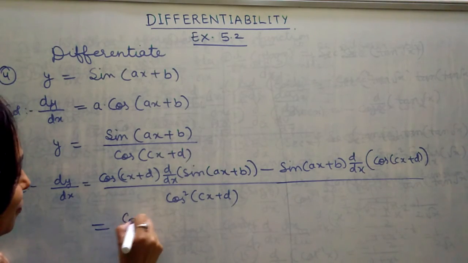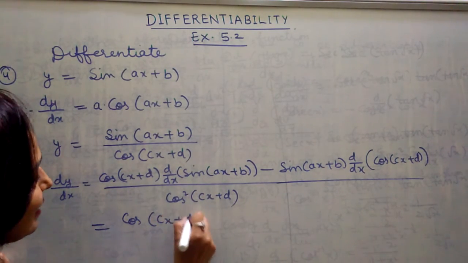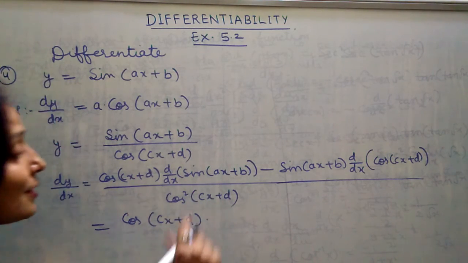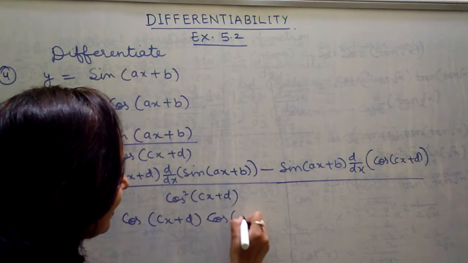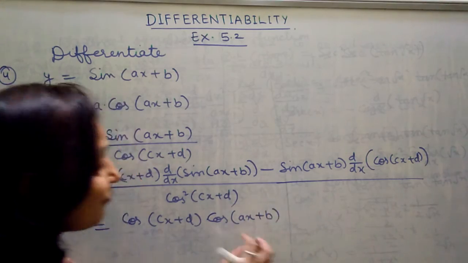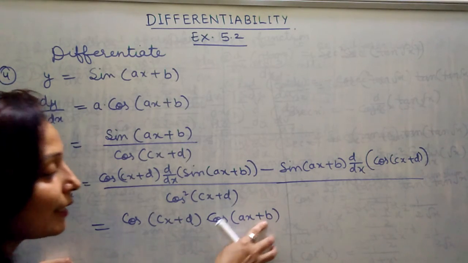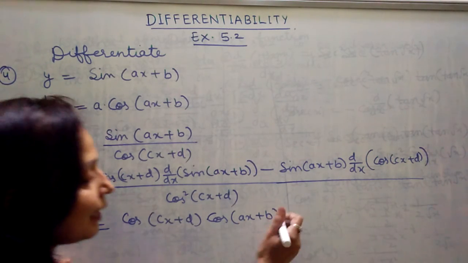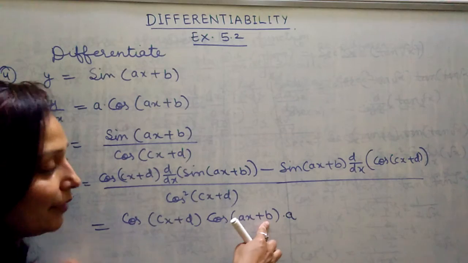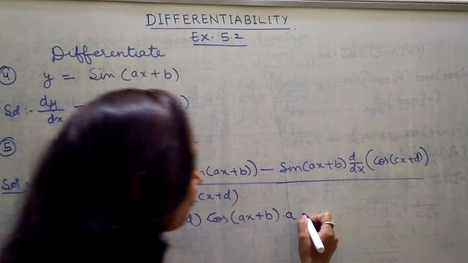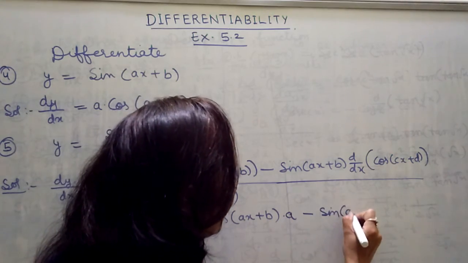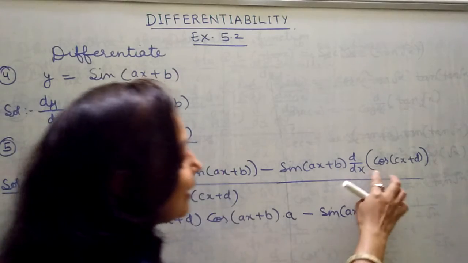Now apply the solution: cos of cx plus d. Here the derivative of sine is cos of ax plus b. Further, when you take the derivative of the interior function, the derivative of ax is a and the derivative of b is equal to 0. Minus sine of ax plus b. What is the derivative of this?